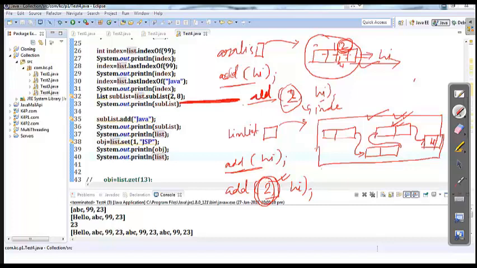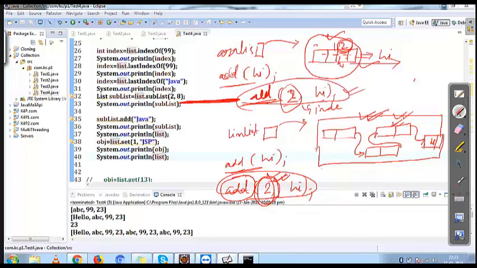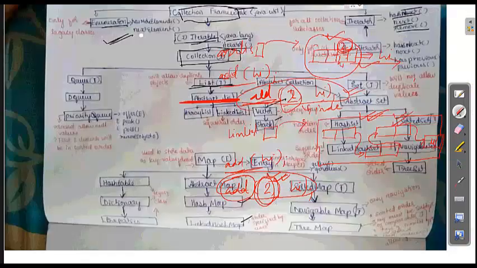So the implementation of the add function for array list should be different from the implementation of the add function for linked list. And this add function is from where? Add function is from the list. It cannot be implemented in this abstract list because the implementation should be different for this and for this.